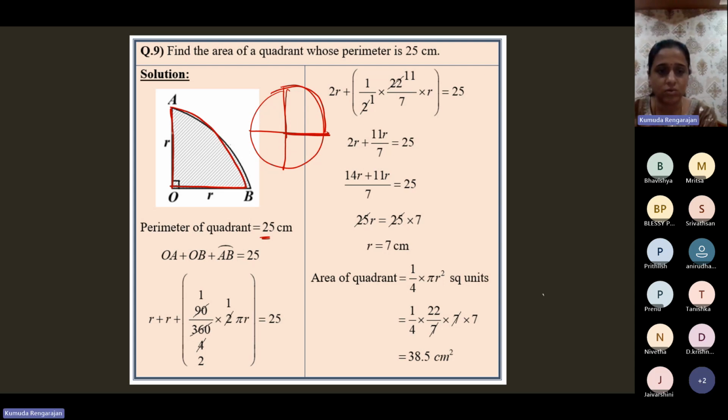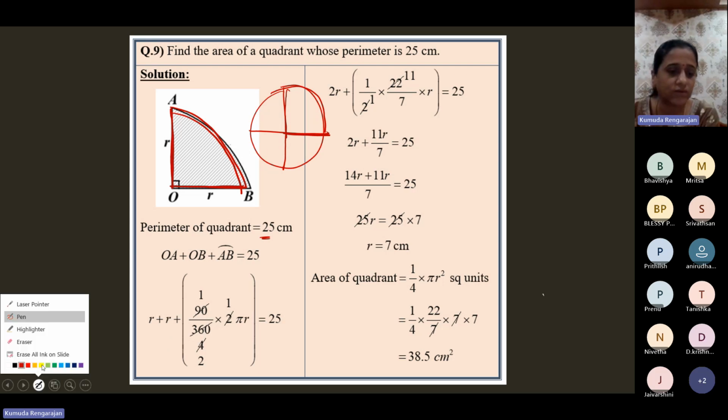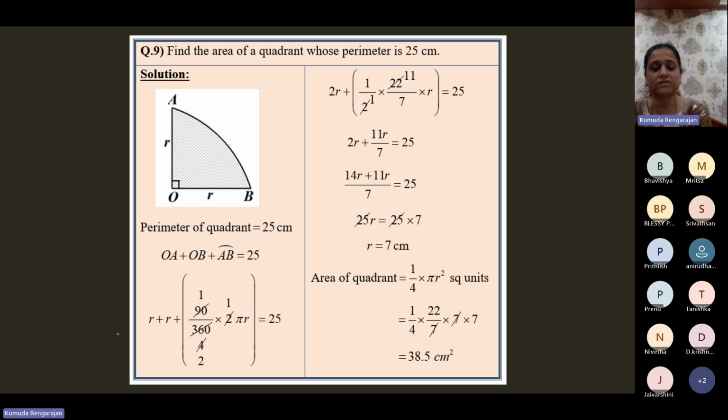So OA plus OB plus the length of arc AB is equal to 25. OA is R, OB is R, and the length of arc AB. How do we find the length of arc? Length of arc is theta by 360 into 2 pi r.